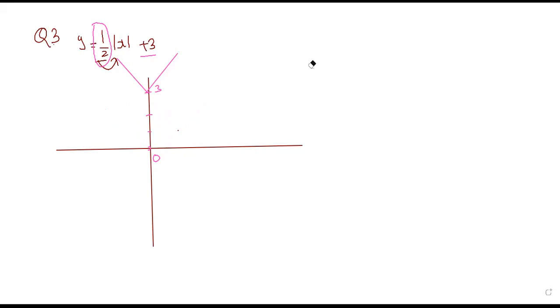So we know that if we have a question of this type, let's say y equals x plus 1 mod, we need to make the graph of y equals x plus 1 first, and then we just shift the negative part above, okay? This is how we do this one. And for these, we need to make the graph of x mod first, then we think about it.